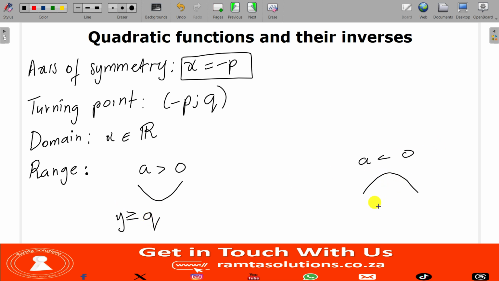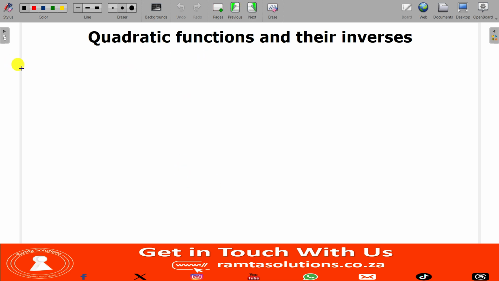And here, as you can see, it touches the point, so it is when y is equal to the q value, but not only that, also below the q value, it's valid. So when y is less or equal to q, this is the range of your parabola. Otherwise, your quadratic functions. That's what you call them as well, right? Perfect.